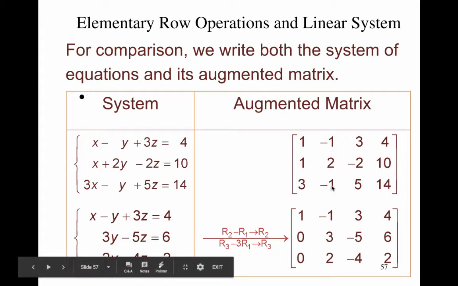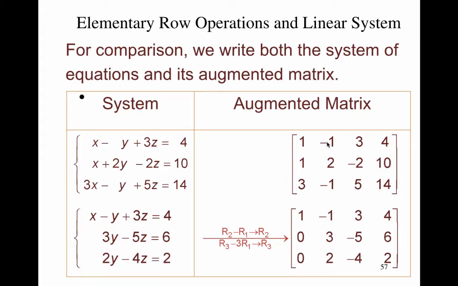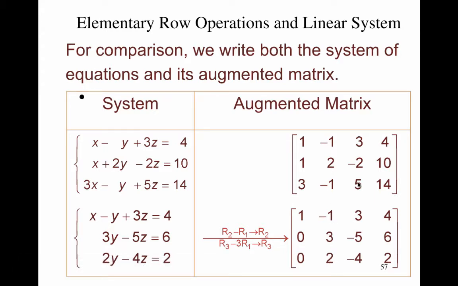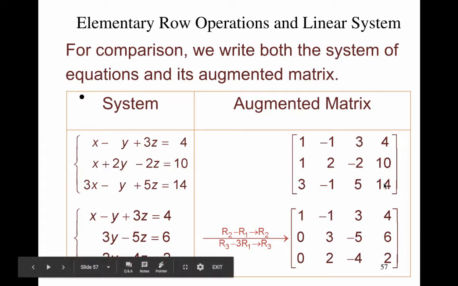Negative 1 minus 3 times negative 1 is 2. 5 minus 3 times 3 is negative 4. And 14 minus 3 times 4 is 2. By doing that step, I've eliminated the x term in the third equation.